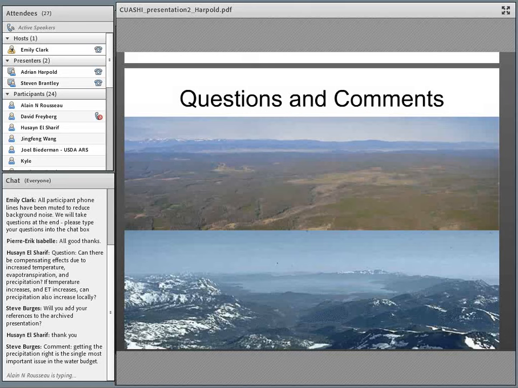Okay. And we have another comment from Steve Burgess about getting the precipitation right, and that is the single most important issue in the water budget. I completely agree. And also I think the case to be made is that getting precipitation right in snow-dominated systems is even harder because undercatch becomes even more of an issue.